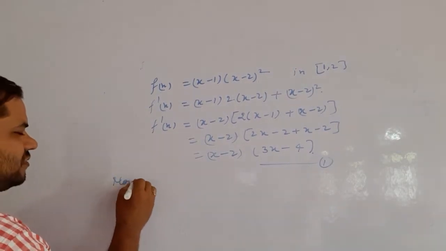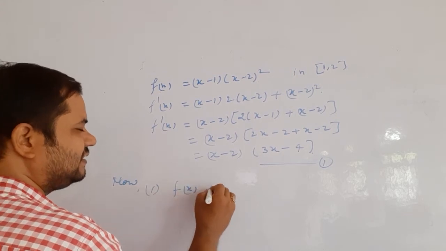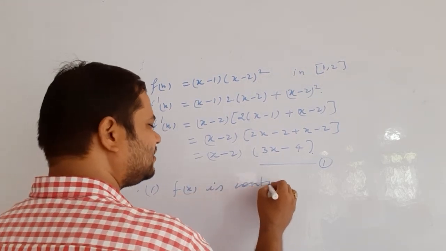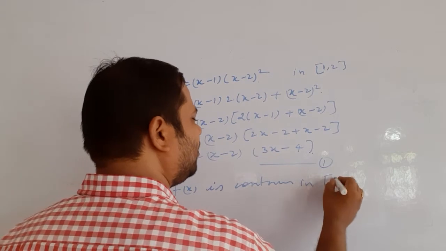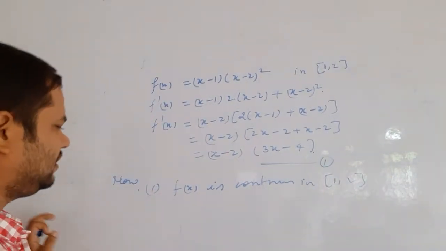Now f(x) is continuous in [1, 2], you know very well, because being a polynomial function.